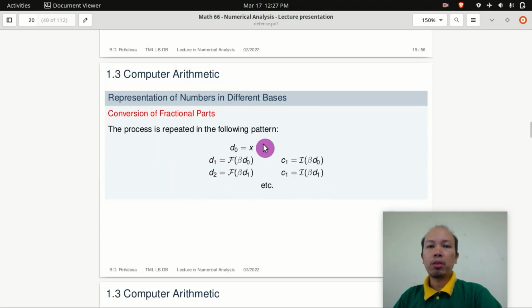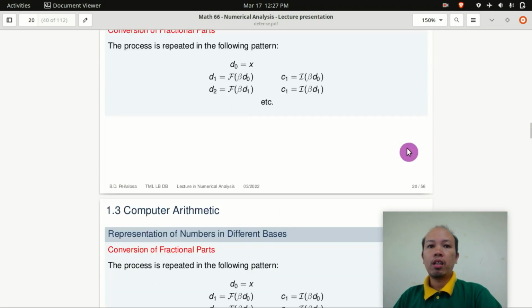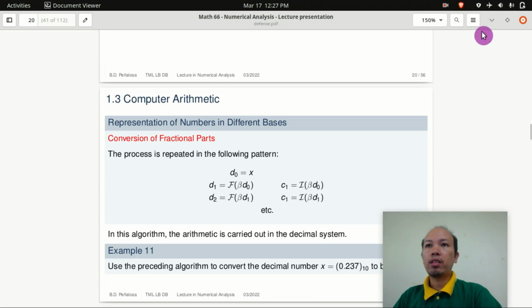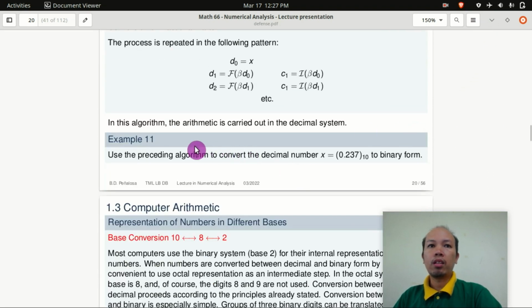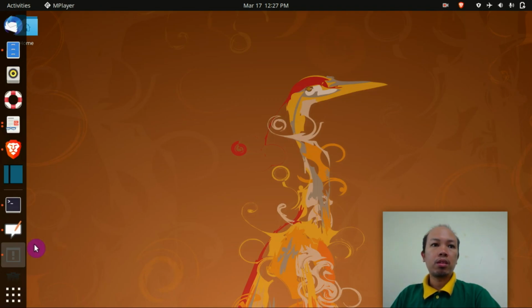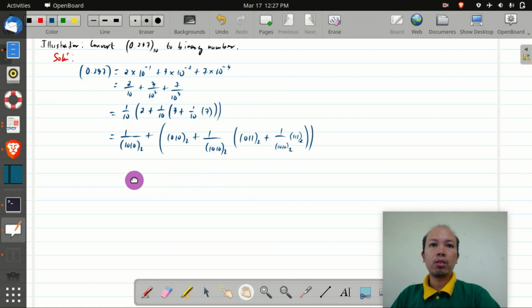After that, continue the process of multiplication and you will arrive at this form. It says here that in this algorithm the arithmetic is carried out in the decimal system. So let's try to perform example 11 using the method that I presented a while ago.